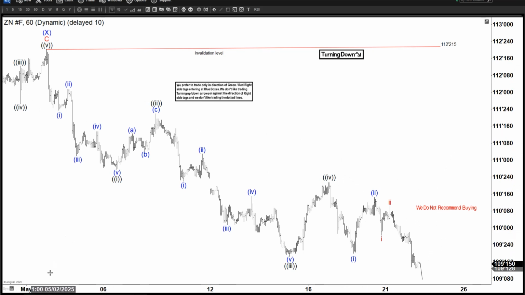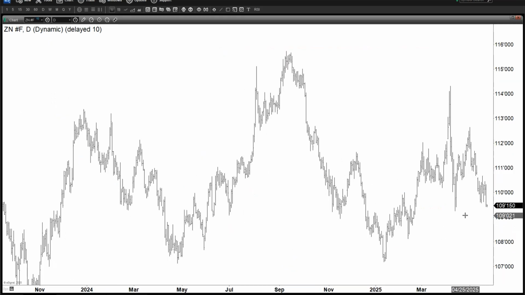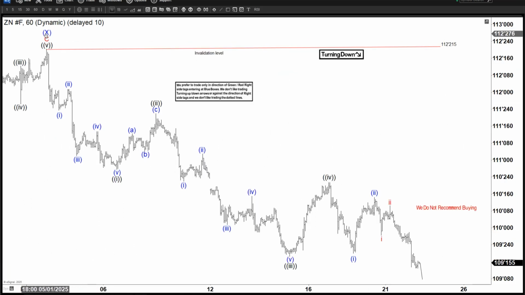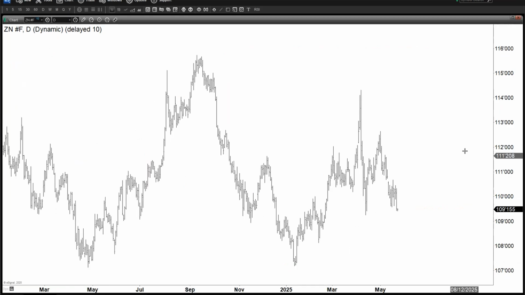Now if I zoom out onto the daily time frame, we can see right here, let me put the X right here, and this will be in the W here.